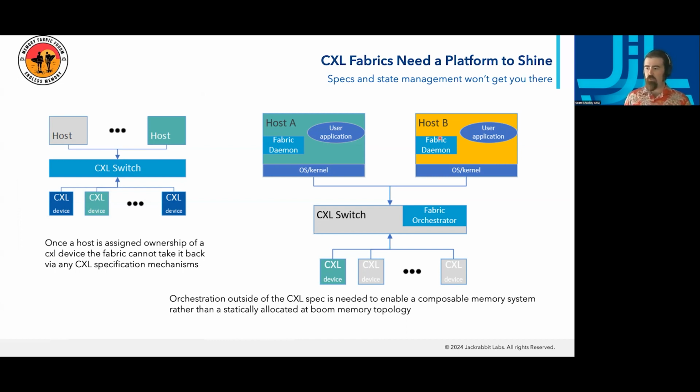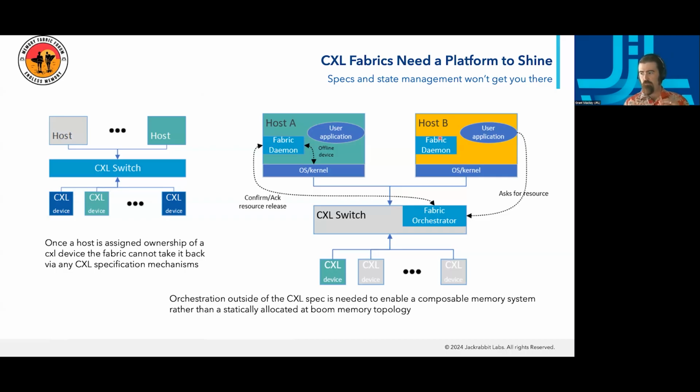We envision the hosts running fabric daemons, and the CXL switch or something on the fabric running a fabric orchestrator. That orchestrator maintains state, but it also interacts with these fabric daemons so that resources can be reclaimed correctly and reassigned elsewhere, so that your CXL fabric isn't a set it and forget it situation.